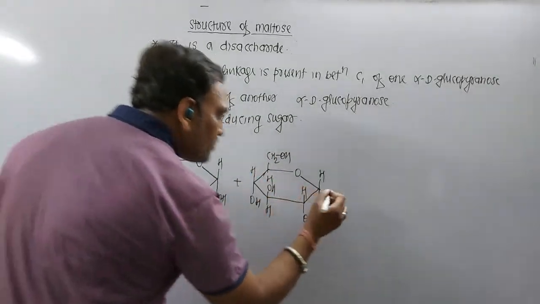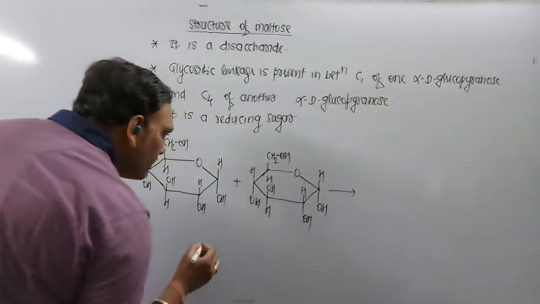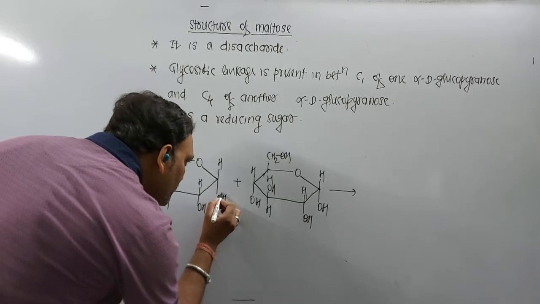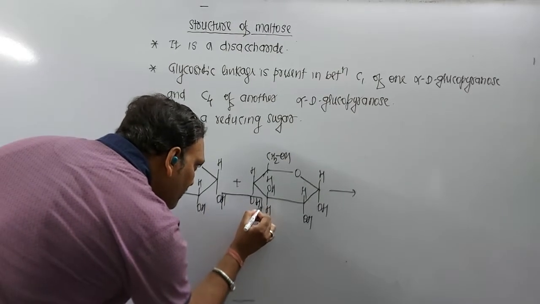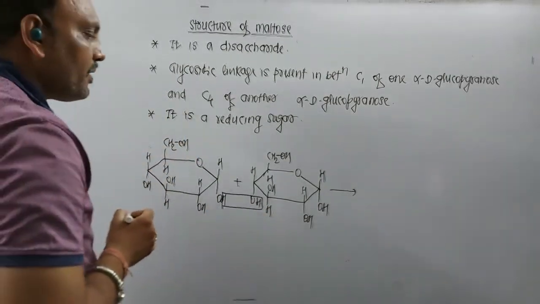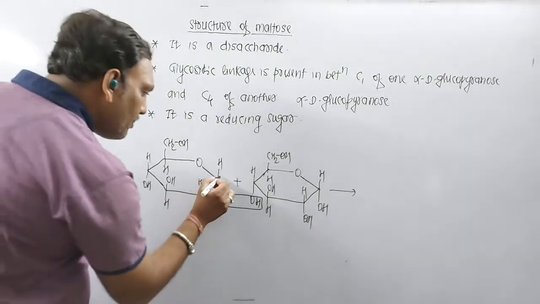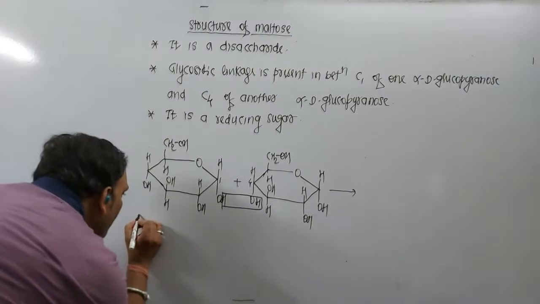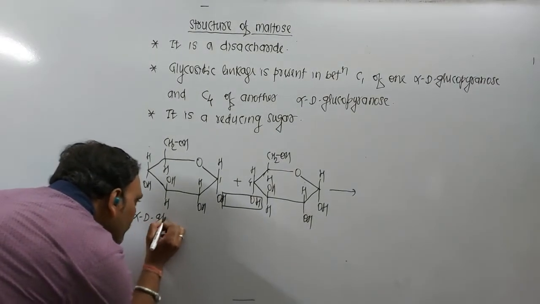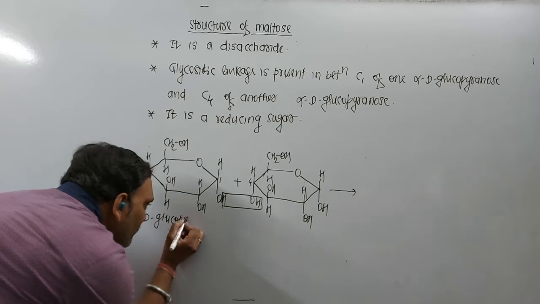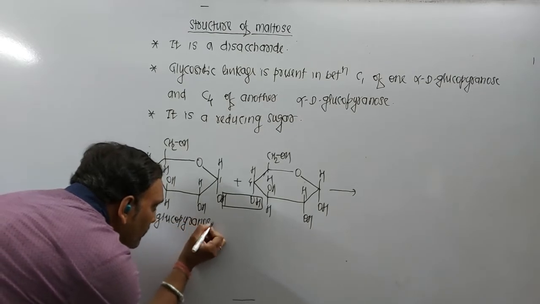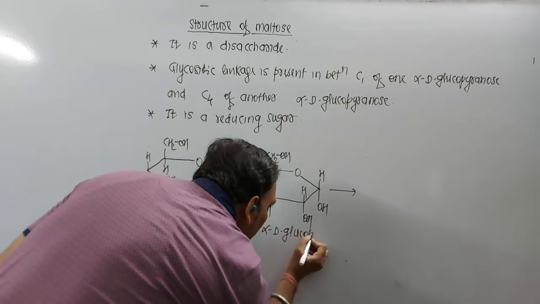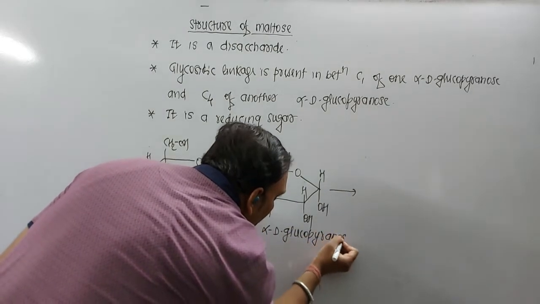Now remember what happens during the formation of acetal. There can be a departure of water, and hence carbon number 1 of one alpha D glucopyranose, and this is alpha D glucopyranose as well.